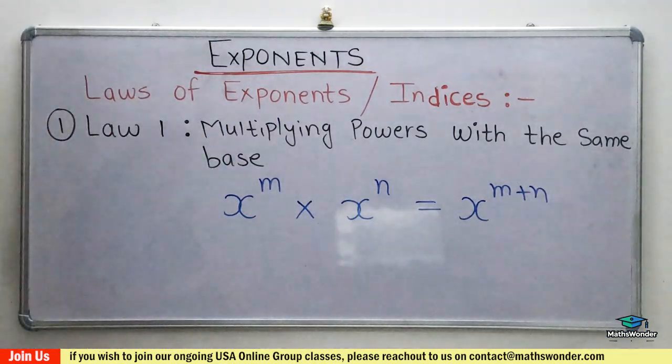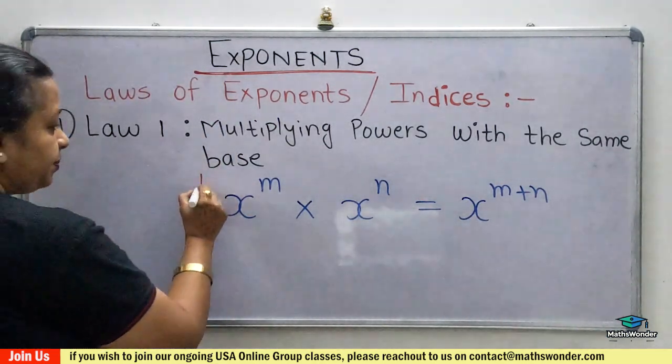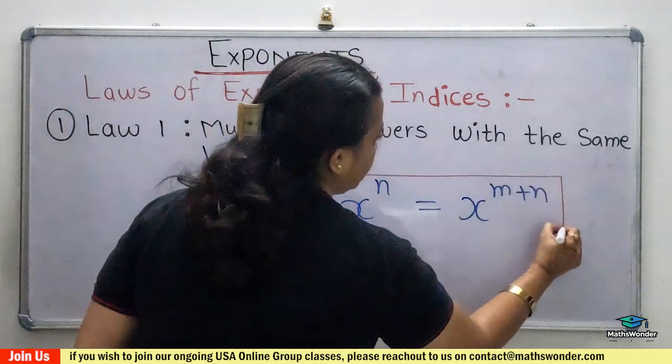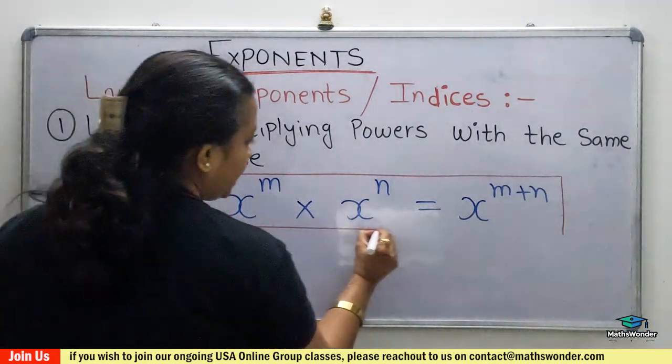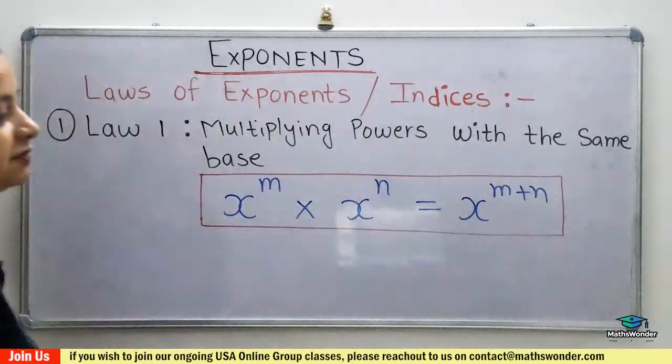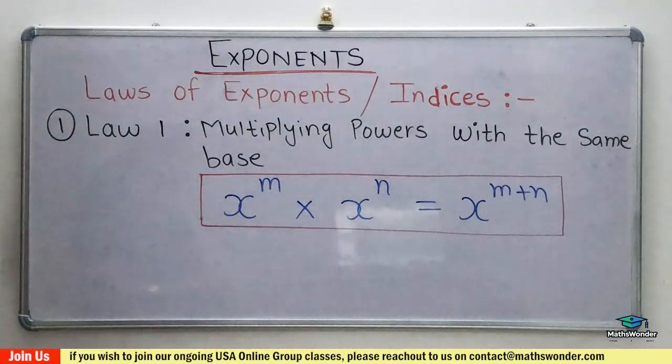And it's in multiplication. So, bases are the same, a multiplication sign is there, so your exponents will be added, okay? You will see that the index on the right hand side is the sum of the indices on the left hand side, okay?